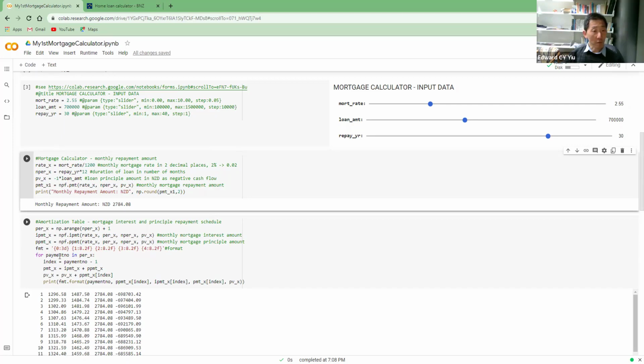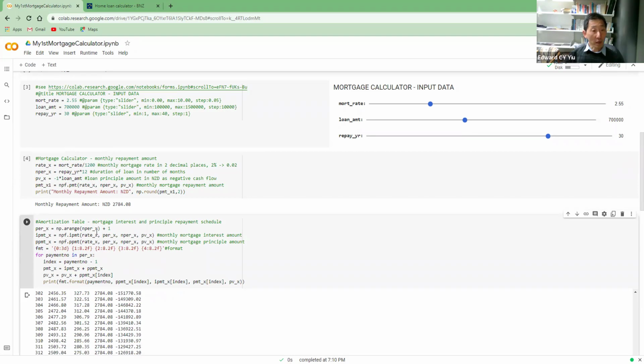Then by means of this for loop, we build the index, and every time we increase it one by one, we print out based on this format the repayment number, the monthly principal payment, the monthly interest payment, the total mortgage repayment, and the outstanding balance of the mortgage loan.